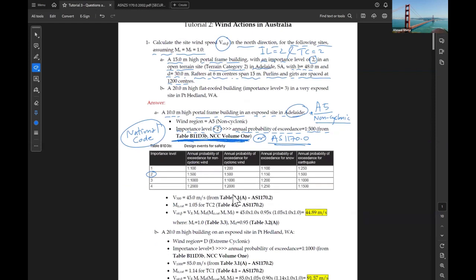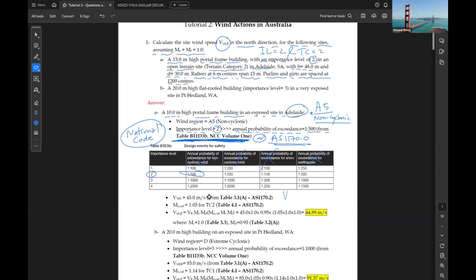So for importance level 2, the annual probability of exceedance for non-cyclonic wind is 1 to 500. This is not earthquakes, and this is not cyclonic, so 1 to 500.